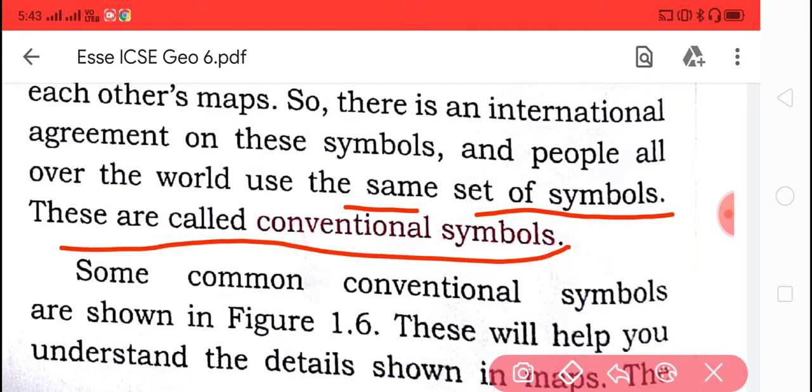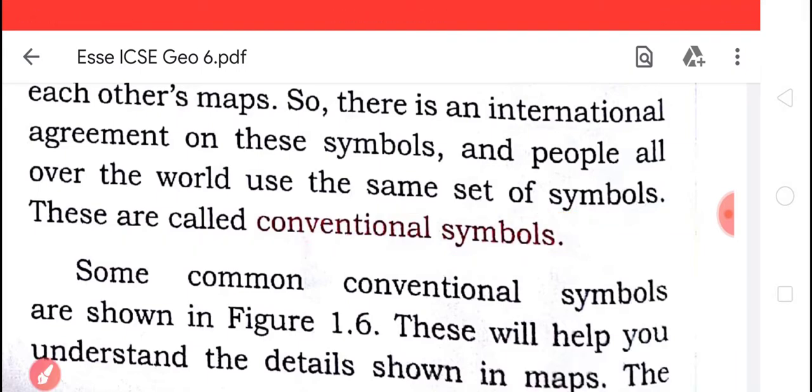These are called the conventional symbols. That means an international agreement on the symbols, and the same set of symbols used by people all over the world are called the conventional symbols.